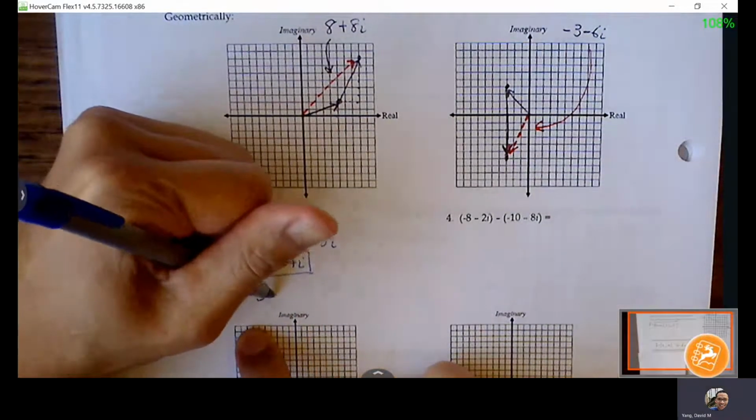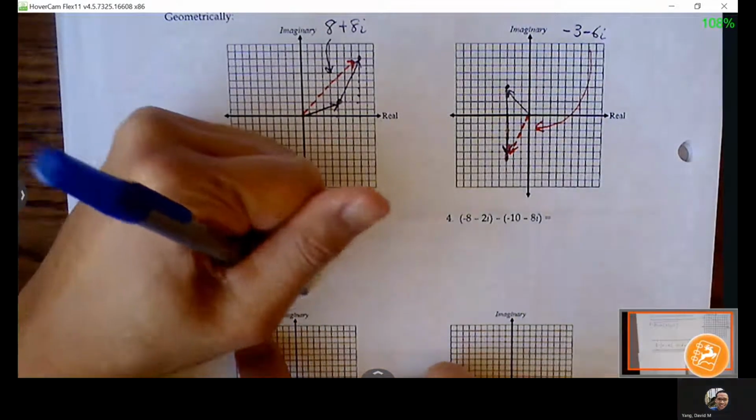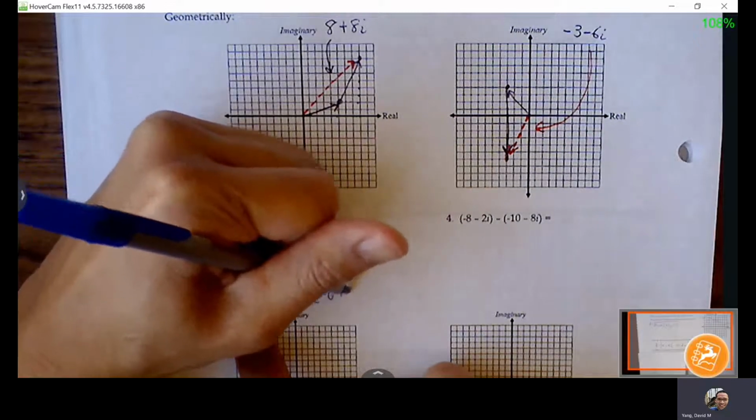I can make this 5 minus i plus negative 6 plus 5.